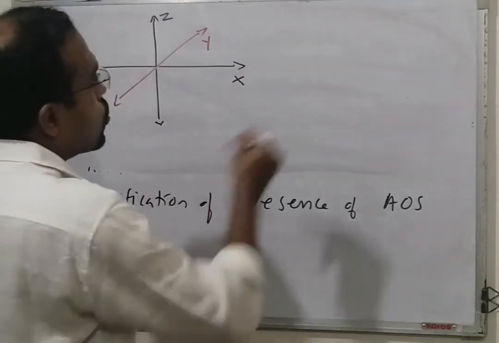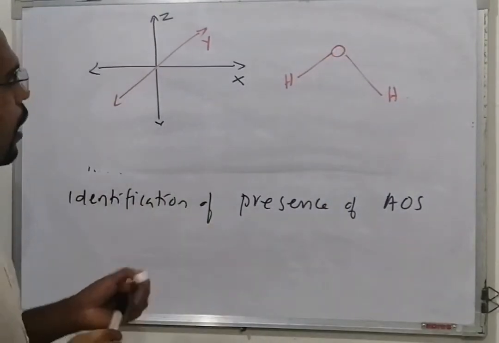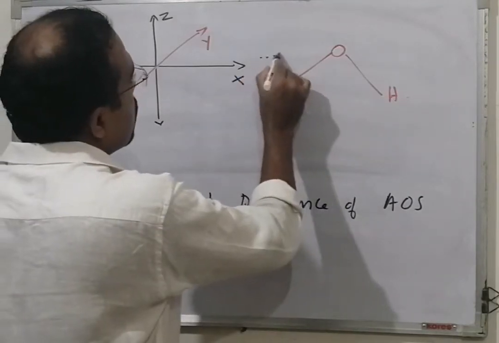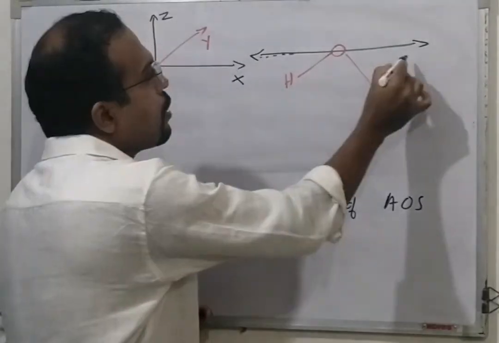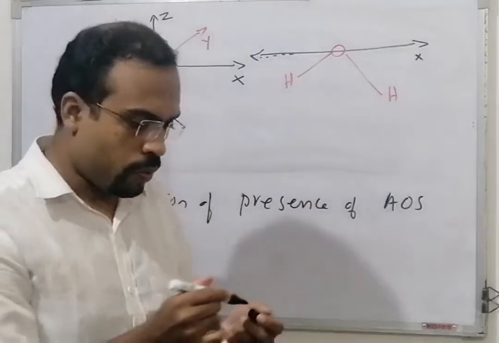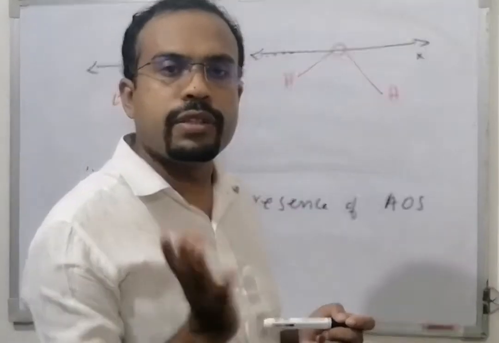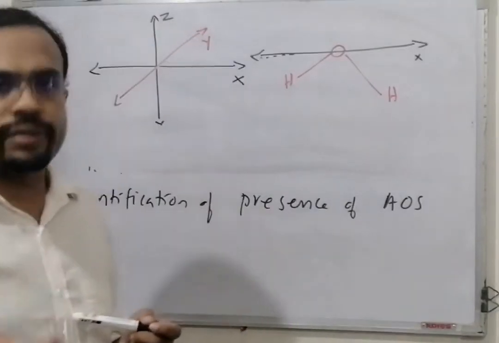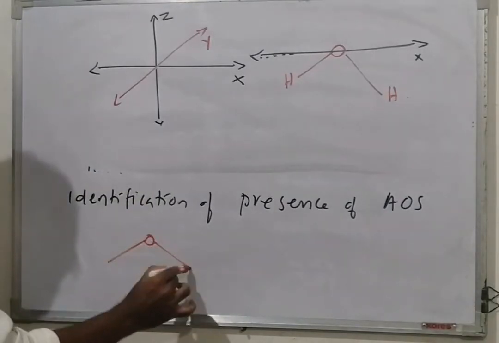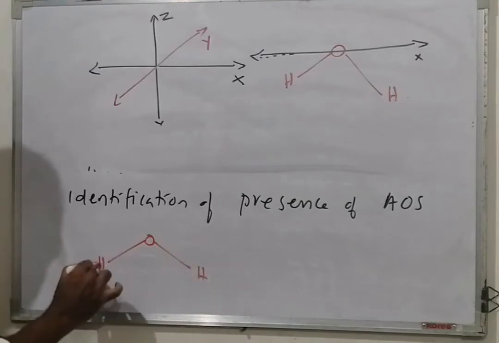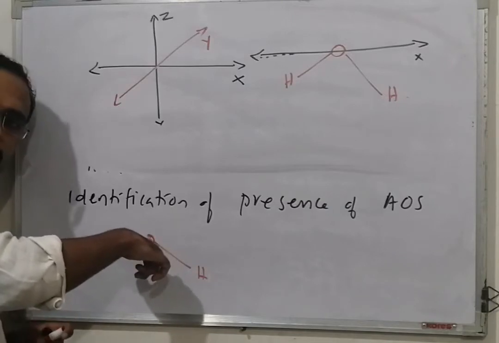I will take one example, H2O. This is the structure of H2O. I consider the x-axis first. The x-axis will be like this. Does this molecule have an axis of symmetry along the x-axis? No. Why? Because this side has hydrogen, this side has no hydrogen. Therefore, this molecule has no x-axis. Now I take the same molecule and consider the y-axis like this. Does this molecule have a y-axis of symmetry?